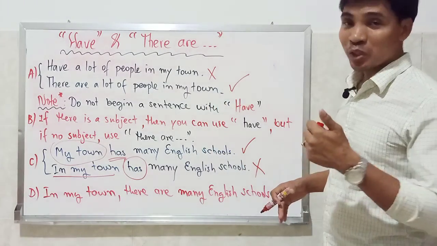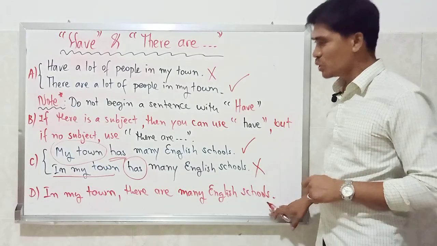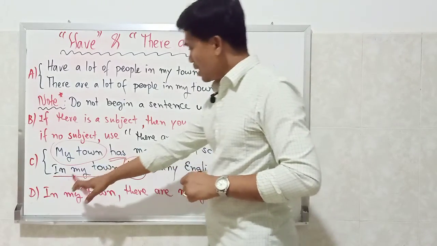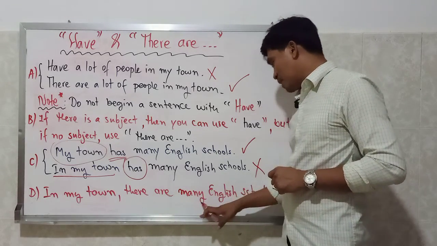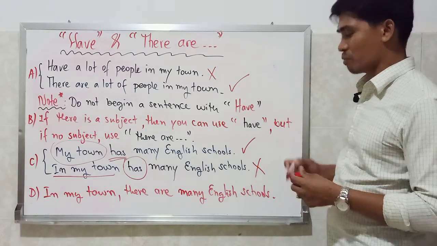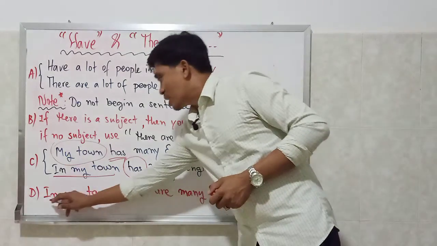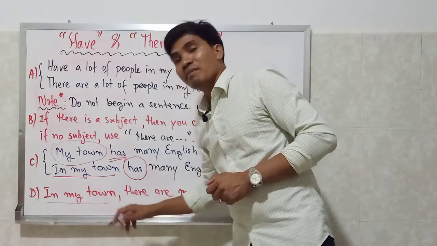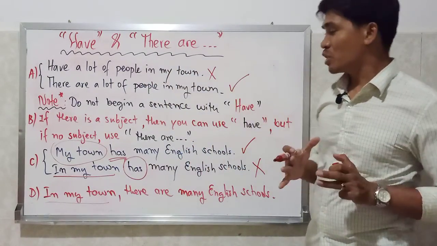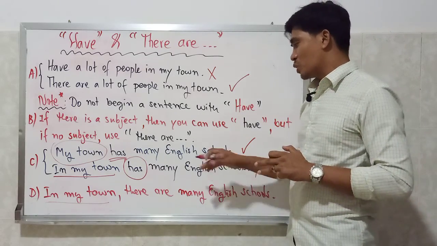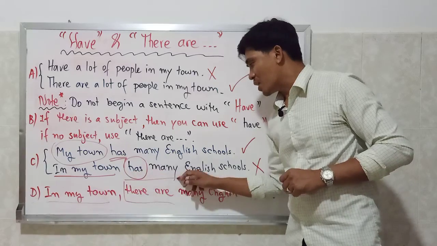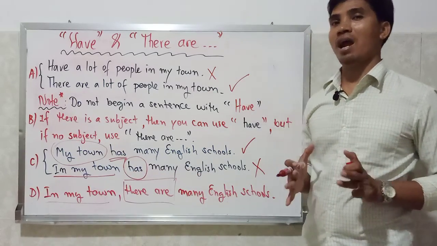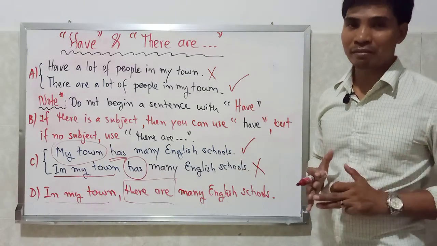This is the correct one: you can say, "In my town there are many English schools." It is correct, because "in my town" is the prepositional phrase, so you must start with "there are." You never start with "have" or "has."